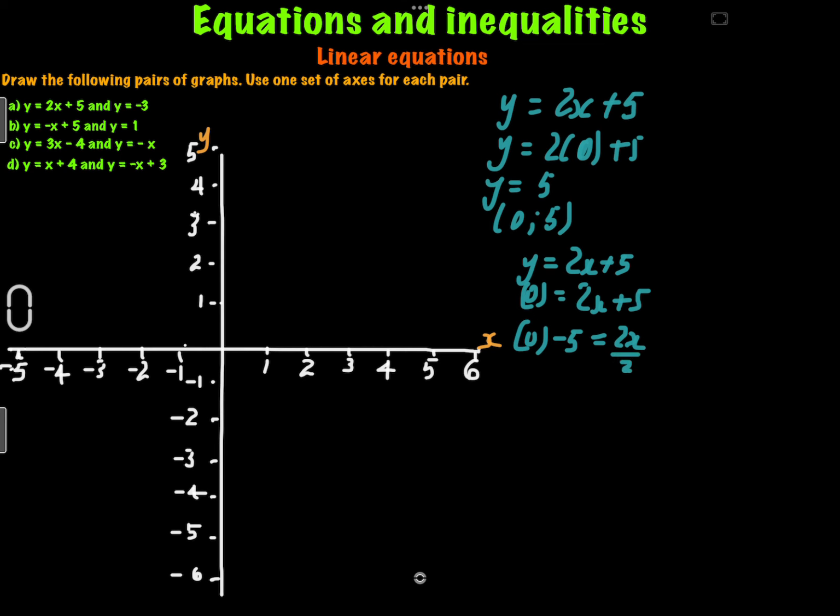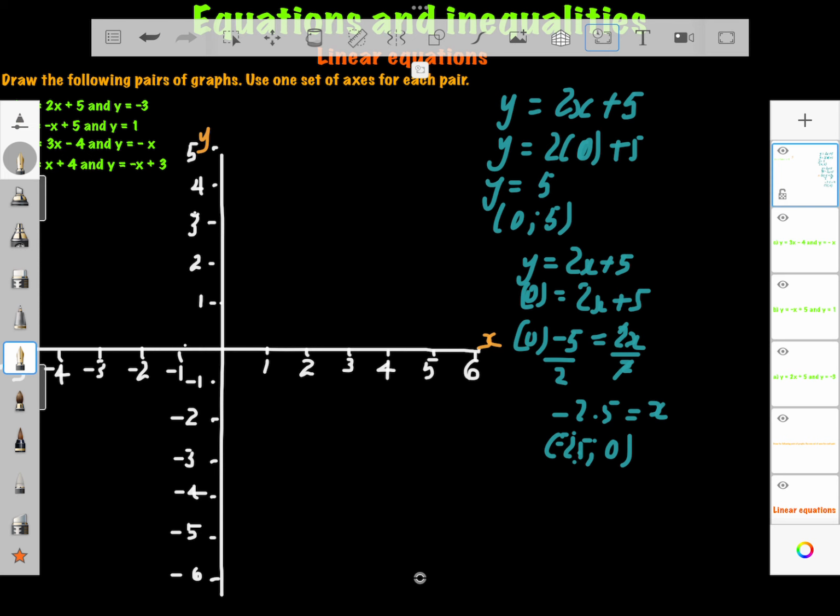When we divide both sides by 2, a negative divided by a positive gives us negative, so we have negative 2.5 equals x, because 2 cancels with 2, remaining with x. So when y equals 0, x equals negative 2.5, or negative 2.5. Okay, let me just rewrite this properly.